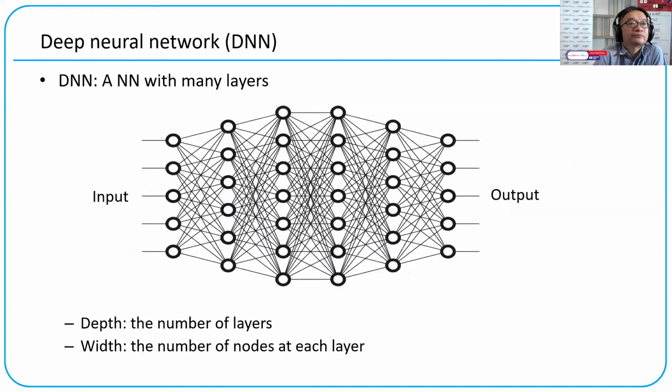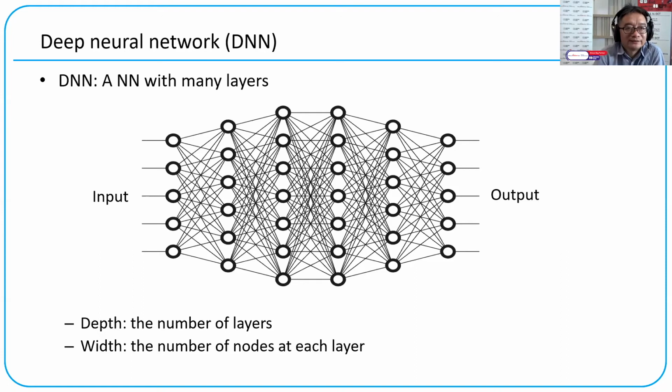Continue. A deep neural network, often called DNN, is a network with many layers. We have two terminologies for that. One is so-called depth, that is, how many layers are in the network. The other is called width.